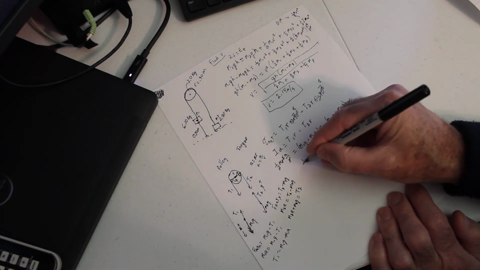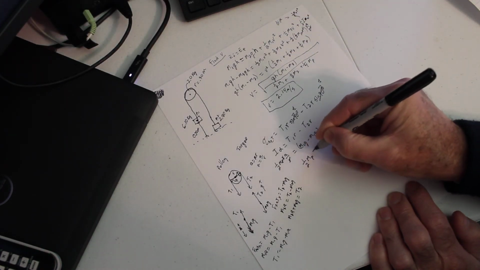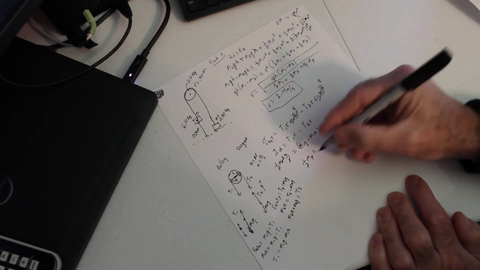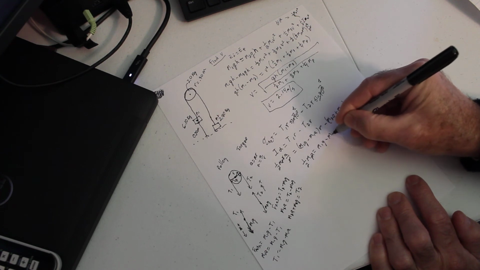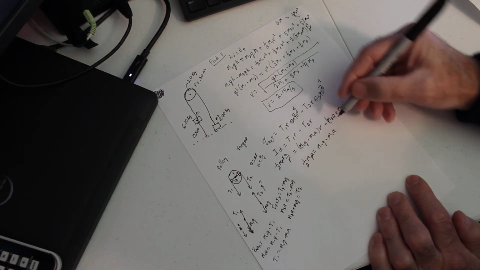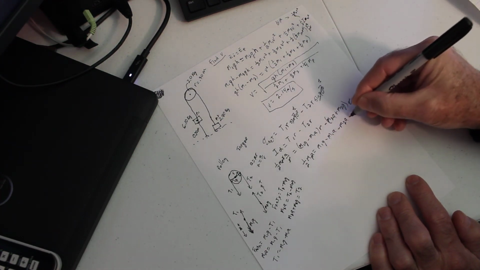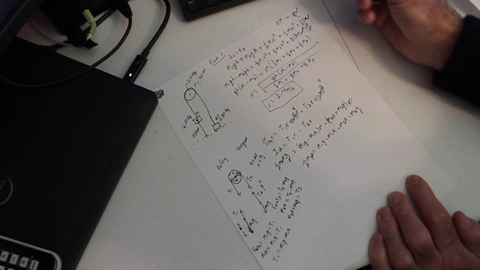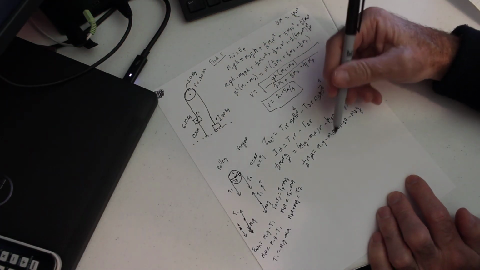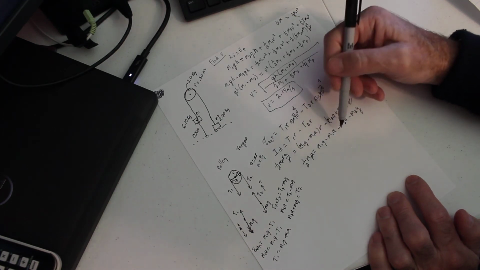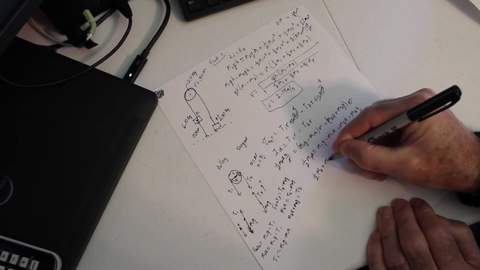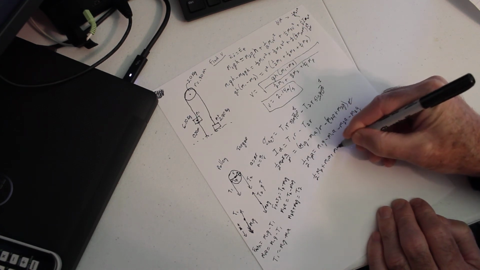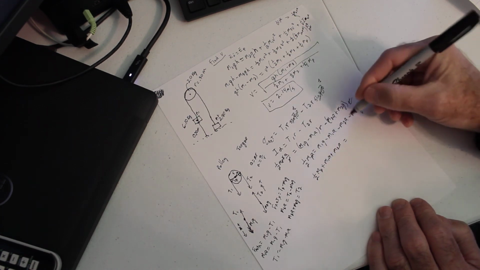So then we have 1/2 times the mass of the pulley, times A, is equal to M1G minus M1A. And then I have to distribute this negative, so minus M2A minus M2G. Now I have to get all the A's on the same side and factor it out. So I'm going to move them all over here. So I'm going to have 1/2 the mass of the pulley plus M1 A plus M2 A. Notice they change signs when you flip them over.